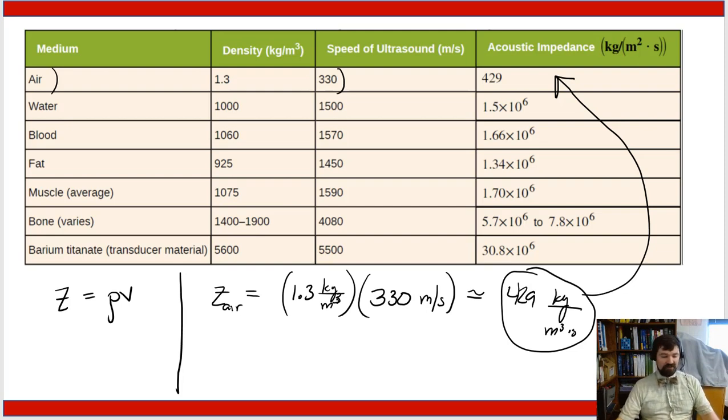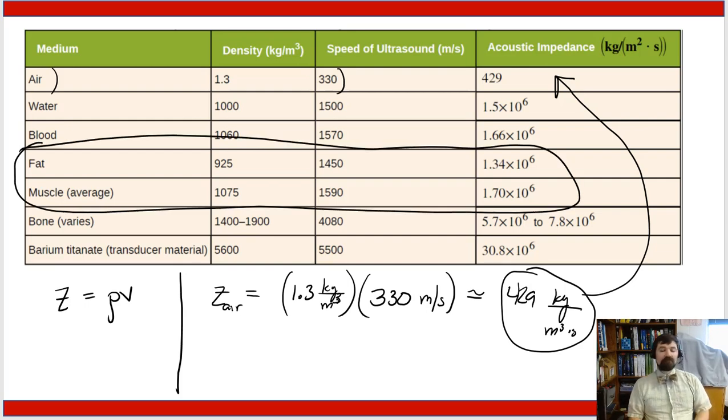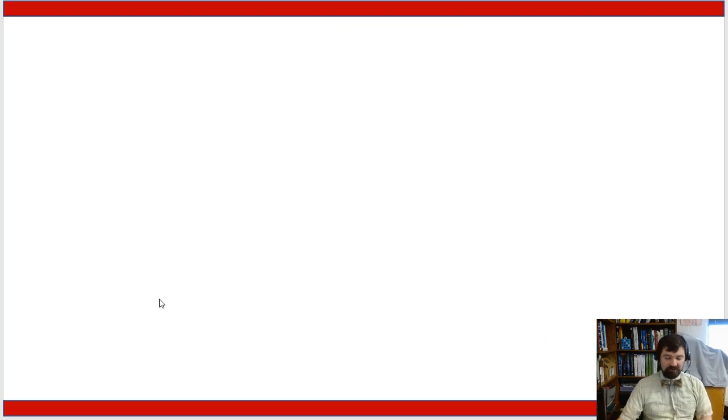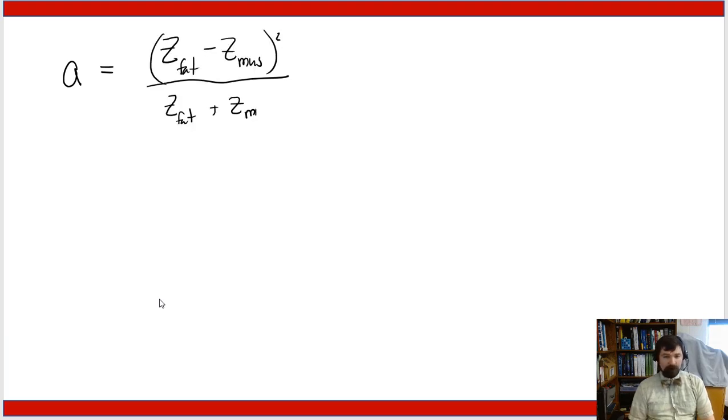All right, so fat and muscle. What is the expected amplitude of reflection for this layer? Well, again, your reflection coefficient should be the difference between these two squared over the sum of these two squared. Okay, so come up to the chart and look up what these are.